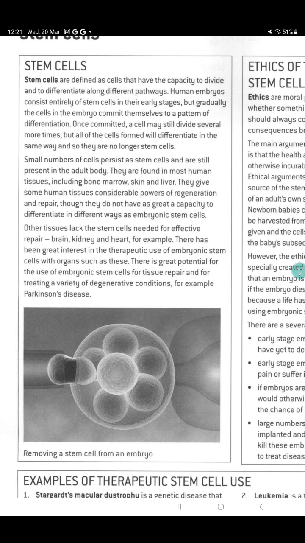If we talk about the embryonic stage, or a human embryo, the stem cell quality is present in most of the cells, but gradually the cells in the embryo commit themselves to a pattern of differentiation. As embryonic development takes place, the cells present in the embryo start taking their functions.